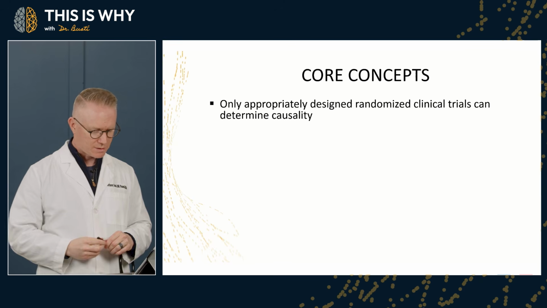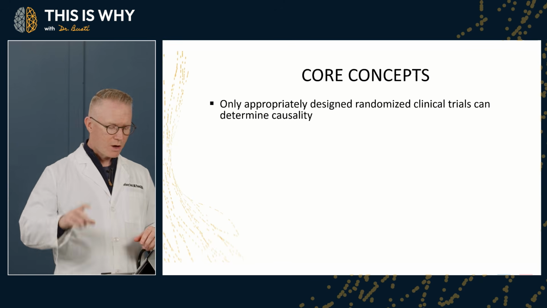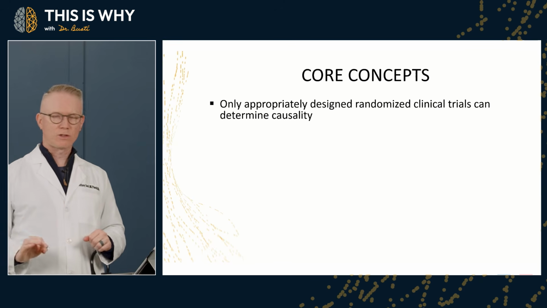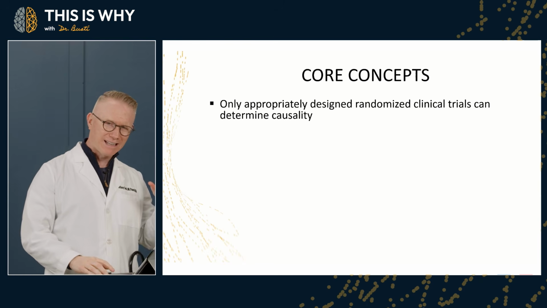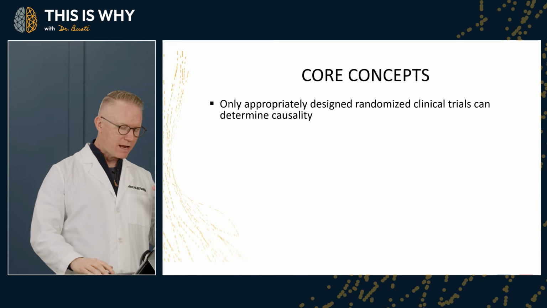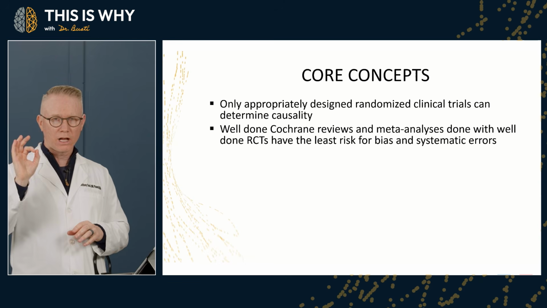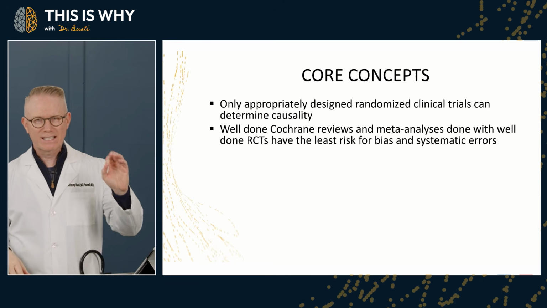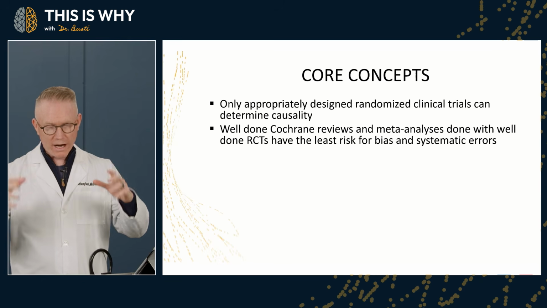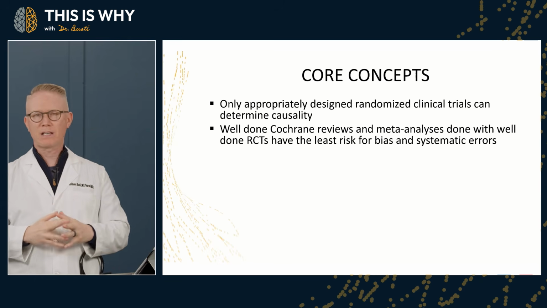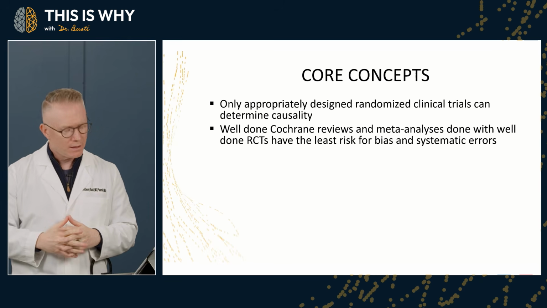Now, core concepts, okay? Only appropriately designed randomized controlled trials can determine that causality. Remember, it's in the analytic, okay, side, that explanatory study design. Well done Cochrane reviews, systematic reviews and meta-analysis that are basically a good randomized controlled trial, they sit at the top of the pyramid, okay, the top.